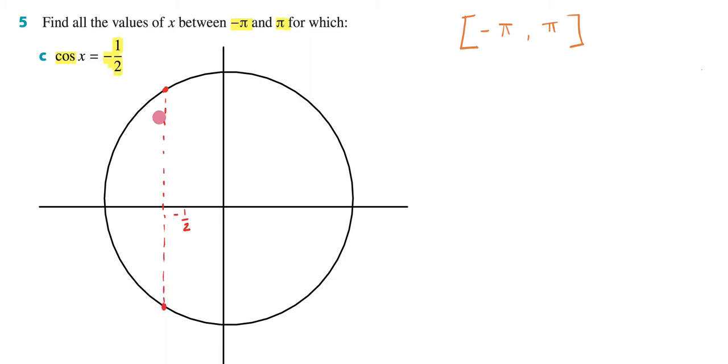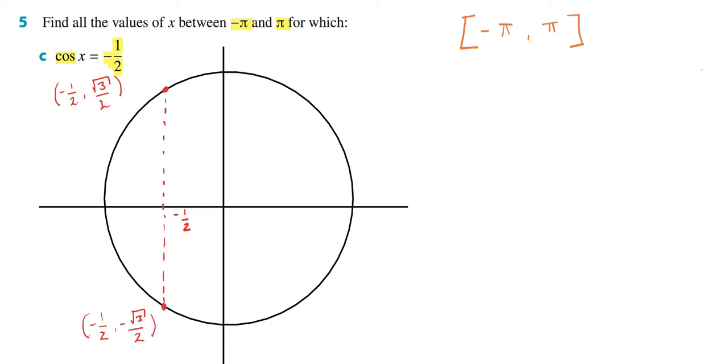Next, I'll write in the coordinates of both of these. So my coordinate here is going to be negative a half, the square root of 3 on 2. And then here, it will be negative a half, negative the square root of 3 on 2.